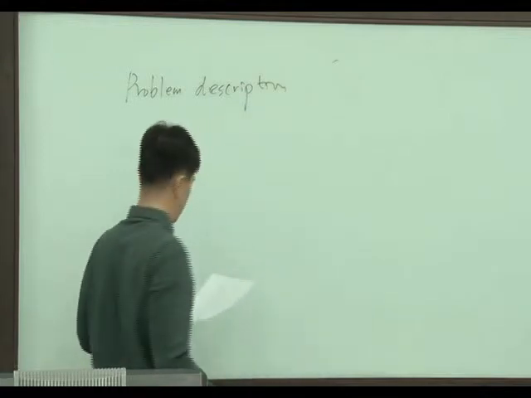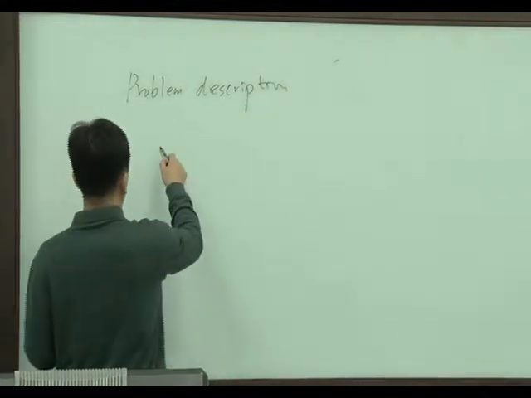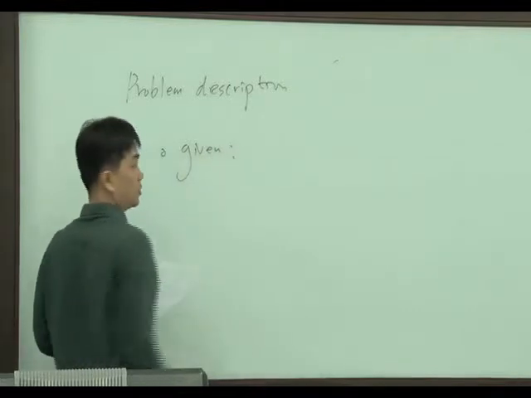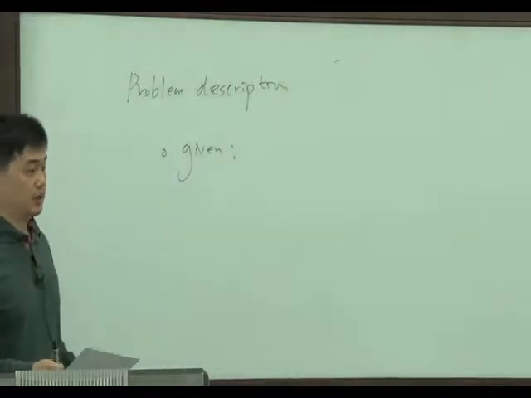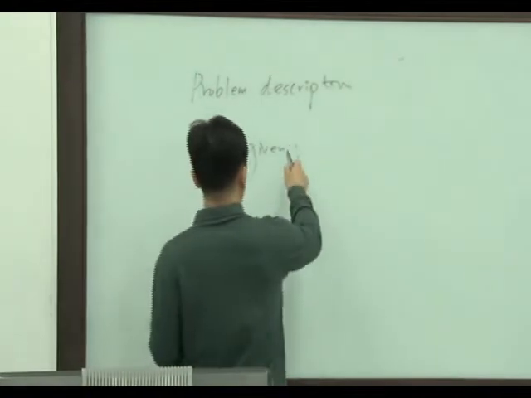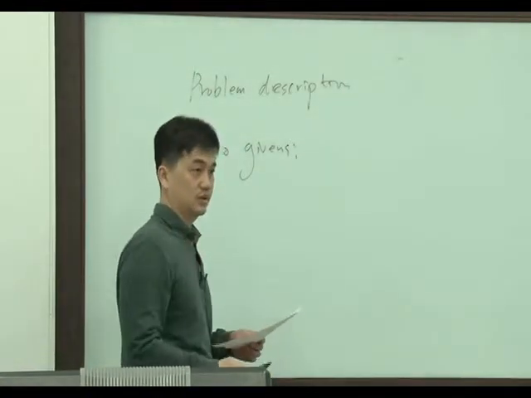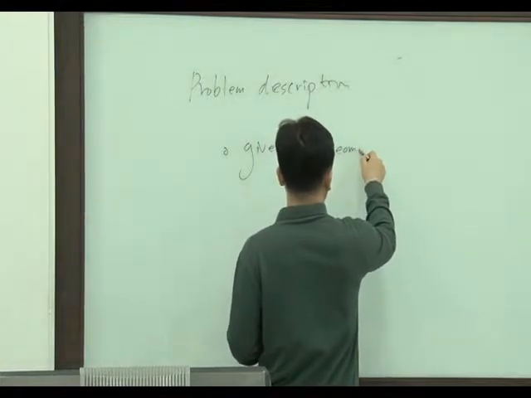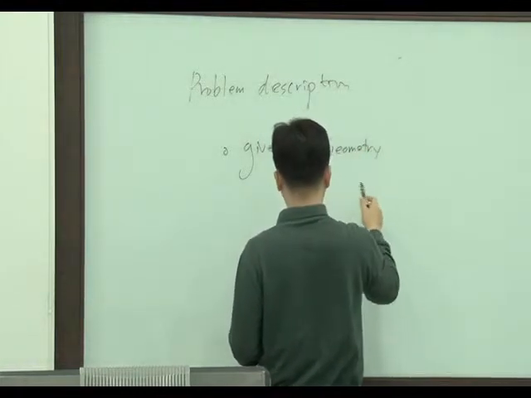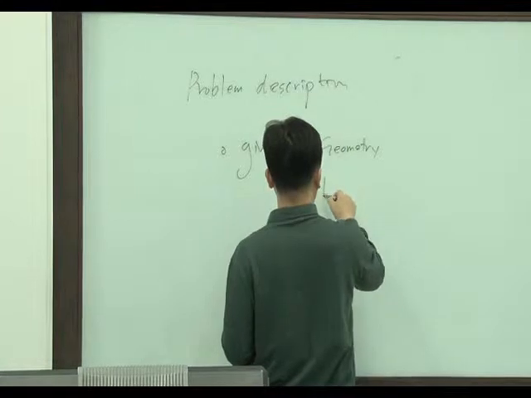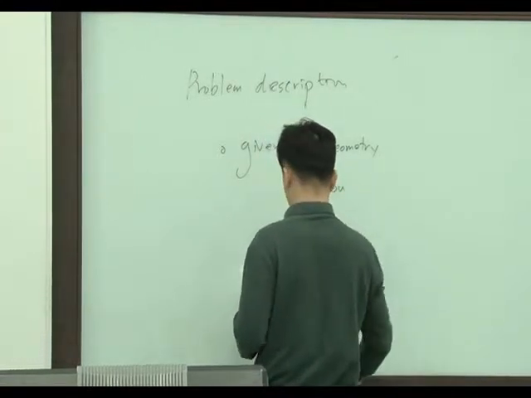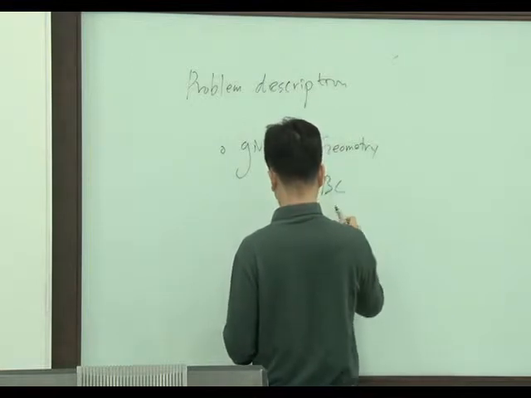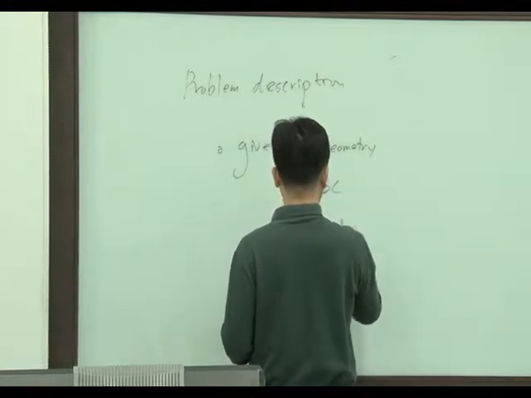For elastic problem, we have a given. What's the given? First of all, geometry and boundary condition, I will just say BC. And material property.